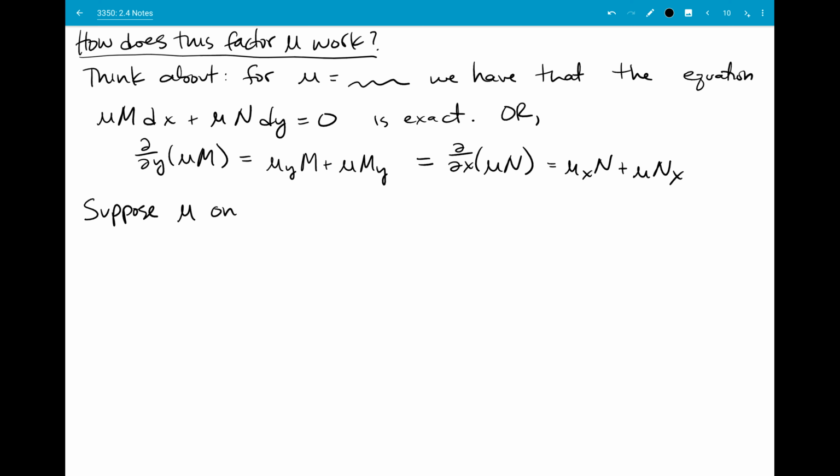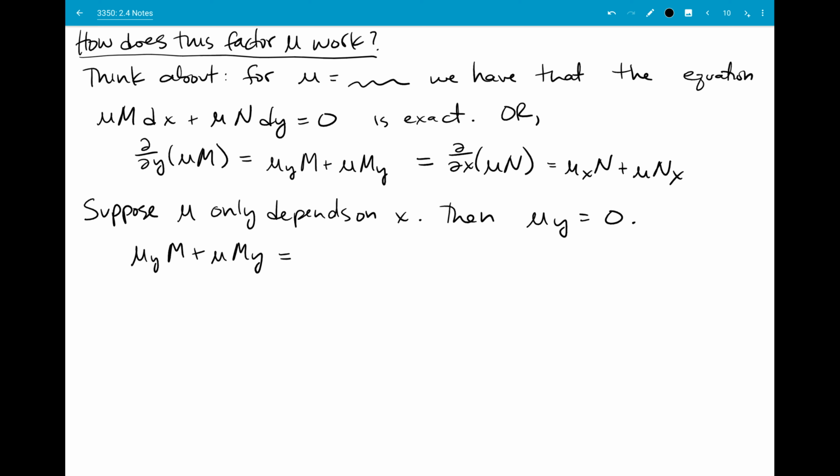So suppose mu only depends on x. Then mu sub y is equal to 0. And we need mu sub y times M plus mu times M sub y equal to mu sub x times N plus mu times N sub x. And that term is going to go to 0 since mu sub y is 0.